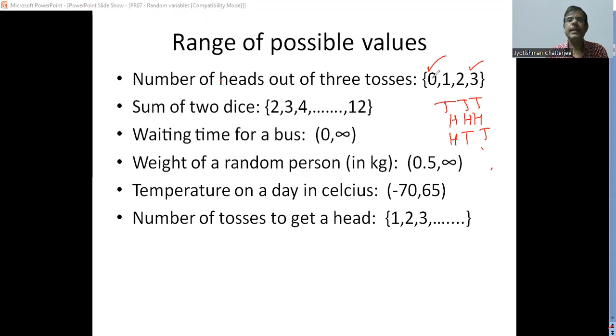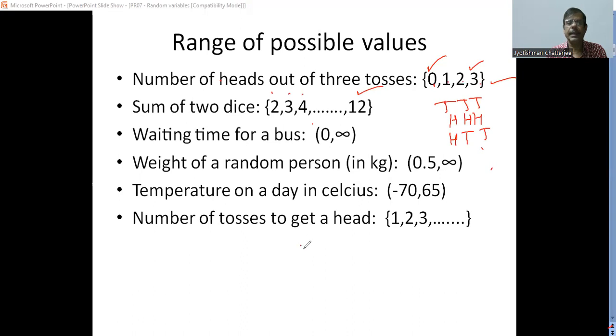That's why the set of possible values for this random variable is 0, 1, 2, and 3. Similarly, when you take the sum of 2 dice, the possible values are 2, 3, 4, up to 12.